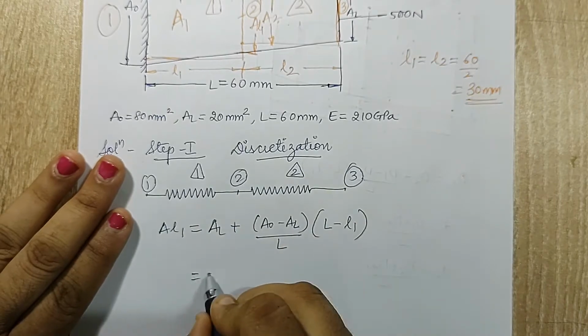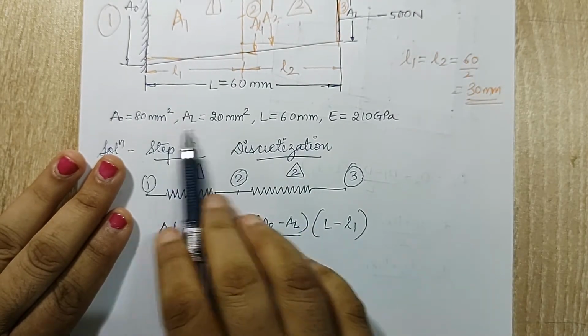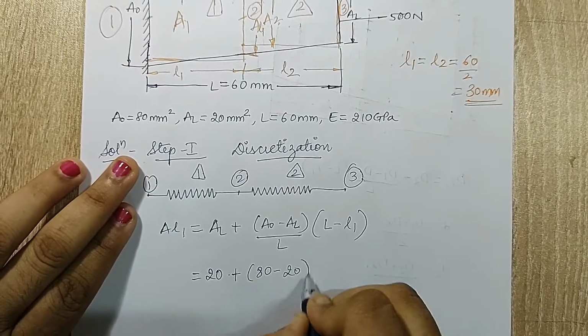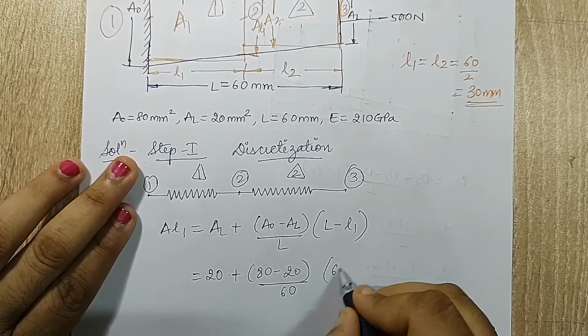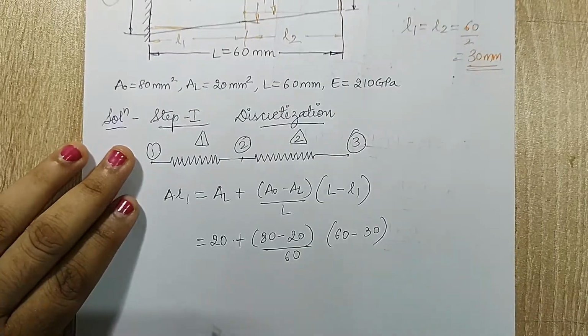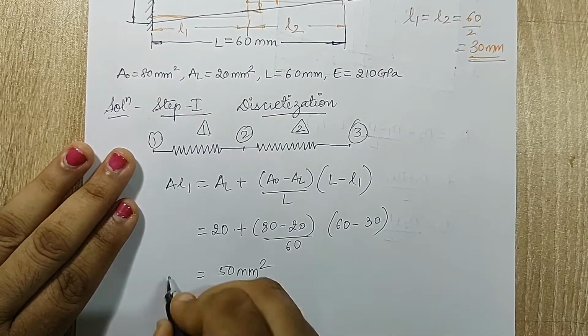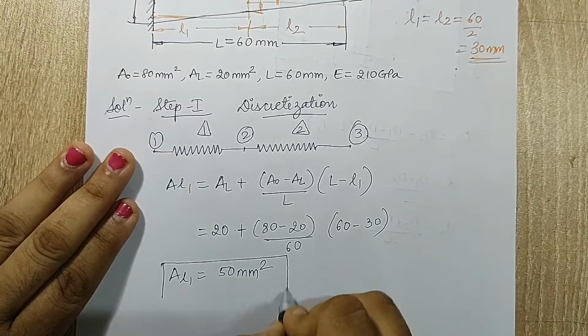Now when I substitute, I will get AL is 20 plus this is 80 minus 20. Total length is 60 and this is 60 minus 30. When I solve this, I get the answer as 50 mm square for AL1.